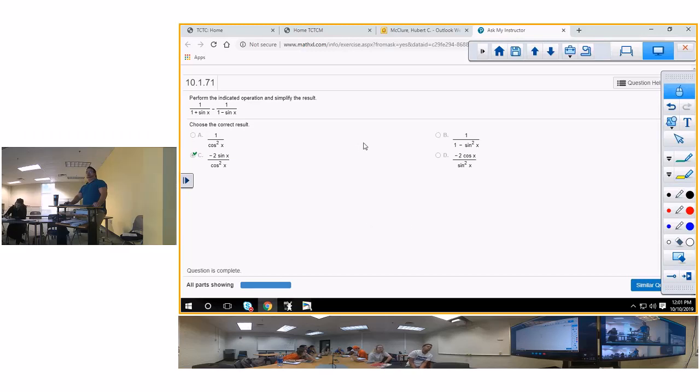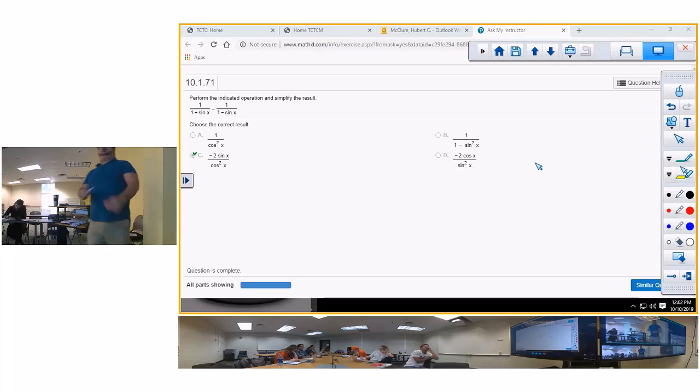This is 1 over a plus b minus 1 over a minus b, which means we got to get a common what? Denominator. I haven't seen this problem. I think somebody just sent me this one. So I'm going to get a common denominator.